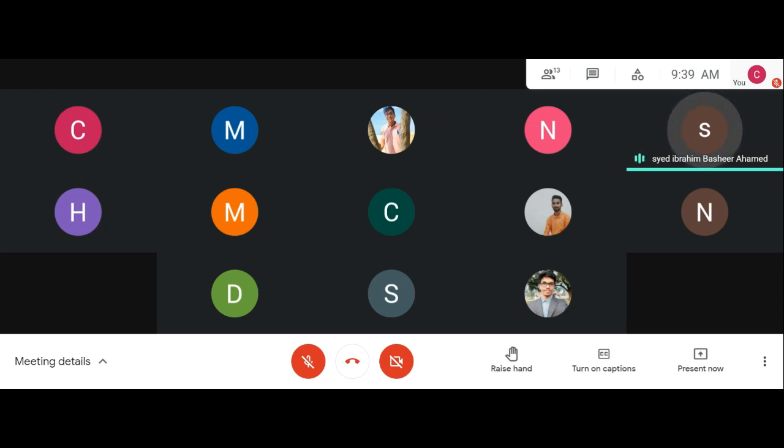We have aliphatic or hydrophobic amino acids, charged or polar amino acids, and sulfhydryl-containing amino acids, right? And how to remember, we saw the chemical structure in the last class.